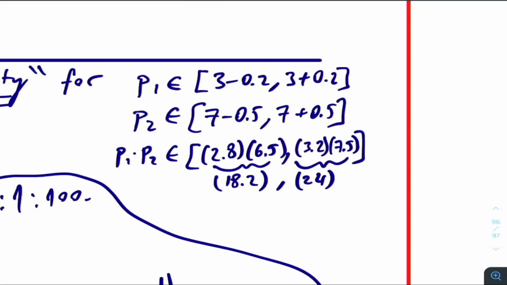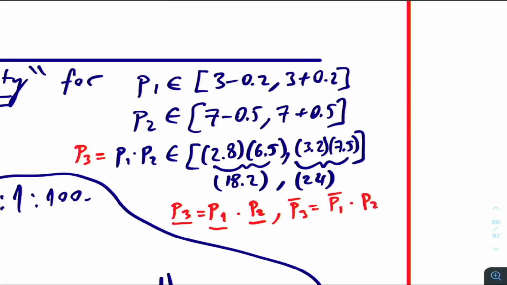And here I would like to say P3 at this point, right? The P3 parameter takes as minimum value P3 minimum equals P1 minimum times P2 minimum, and P3 maximum equals P1 maximum times P2 maximum, right?